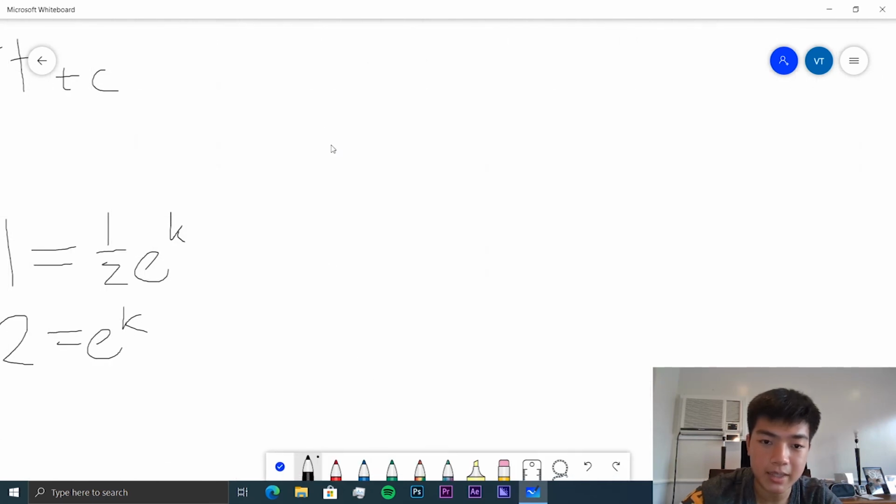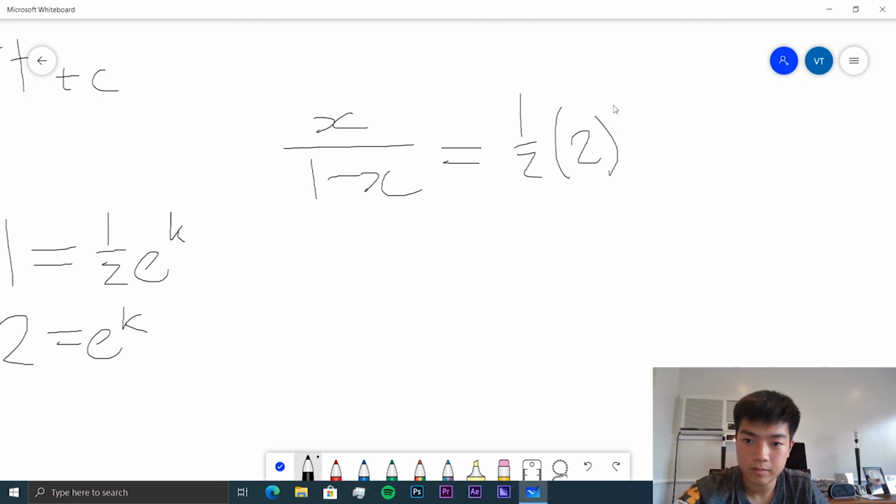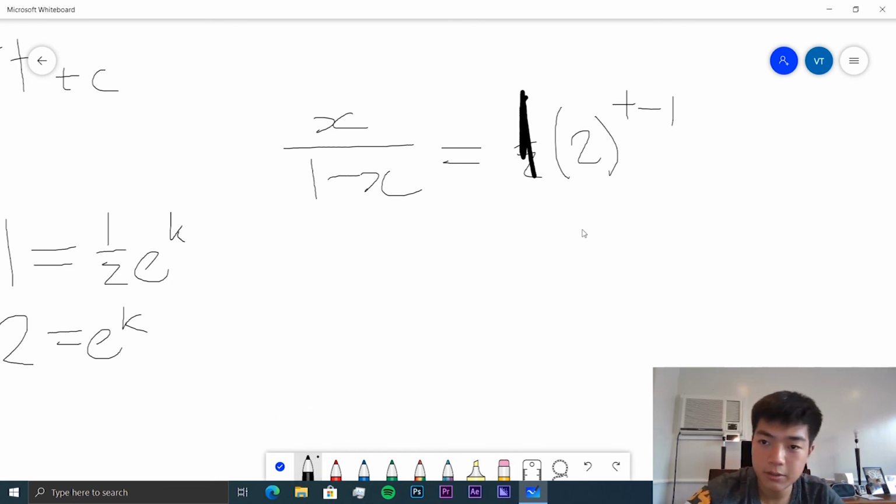And then finally, hence find the proportion of students who knew about the rumor. So we can rewrite this as x over (1 minus x) is equal to 1/2 times 2 to the t, or in other words, 2 to the t minus 1. And if we substitute t in as 2, we get 2 to the 2 minus 1, which is 2.